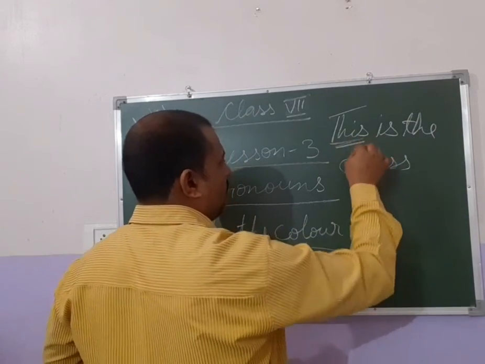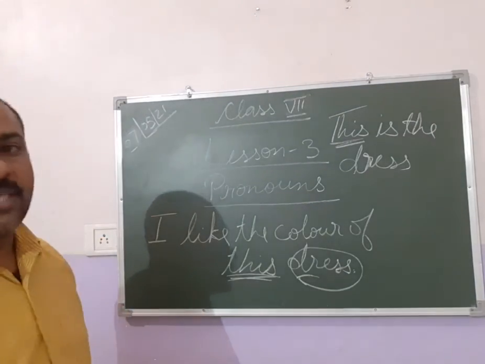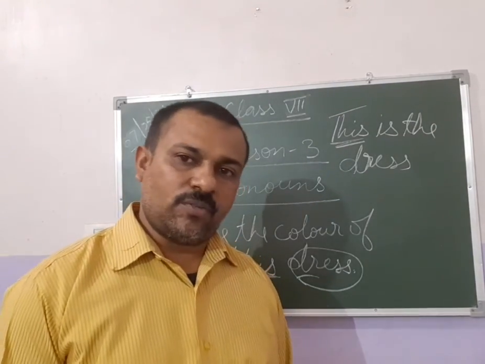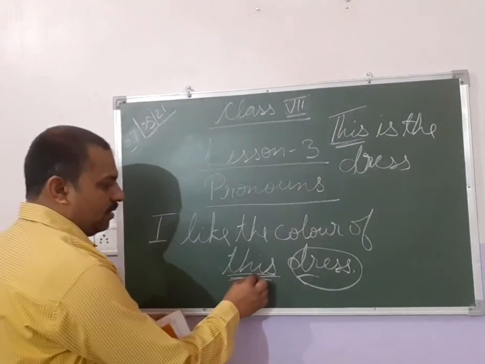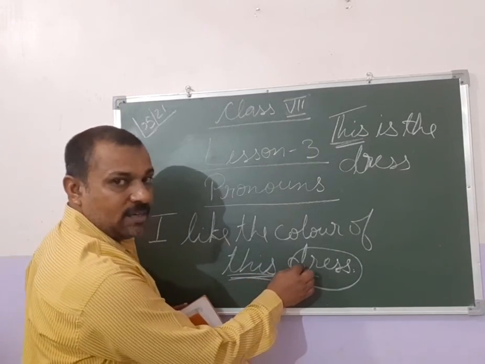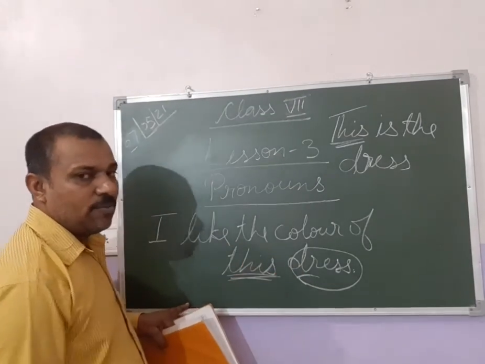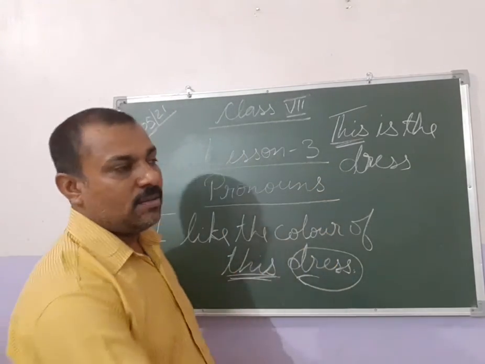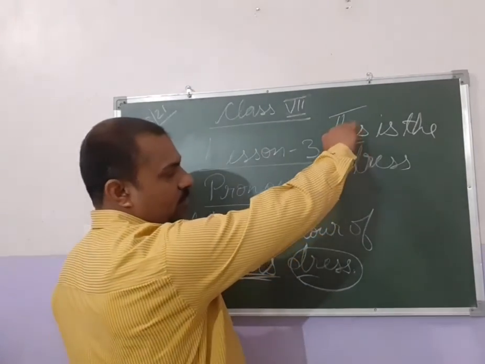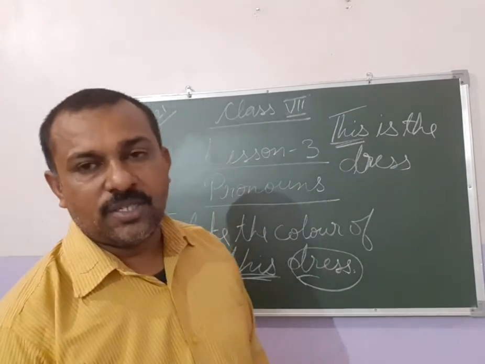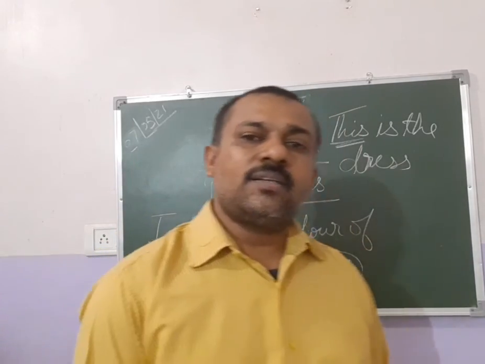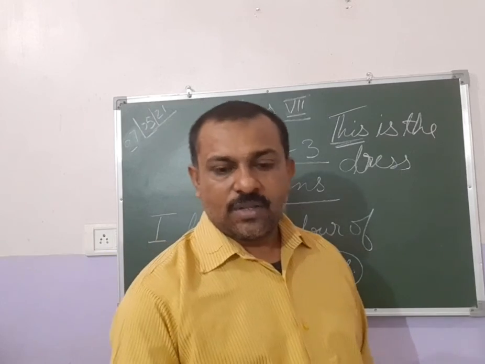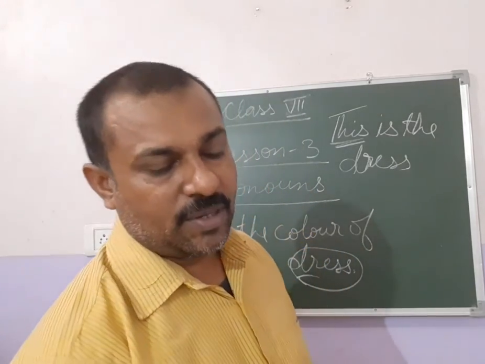Now, here this is used as a demonstrative pronoun. Earlier it was before the noun dress, so it was used as a demonstrative adjective. Whereas when it starts the sentence and a verb is used after that, then it will be the demonstrative pronoun. I hope you might have understood this much.